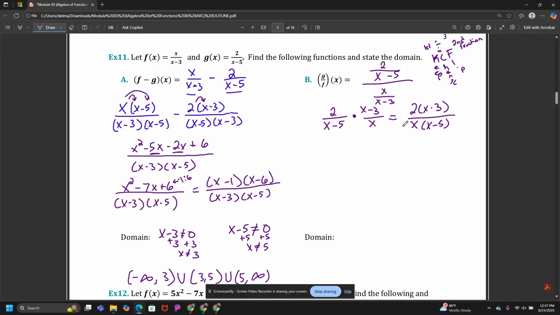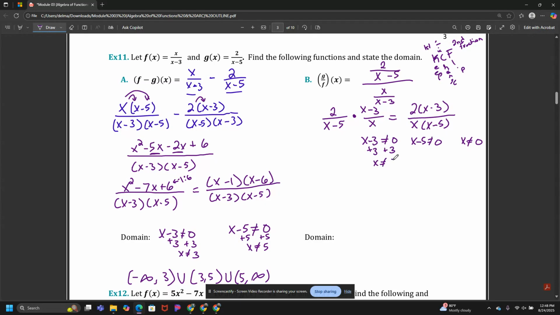So now we've got to figure out what's going to make 0. So x minus 3 cannot equal 0. X minus 5 cannot equal 0. And x cannot equal 0. Okay, so we've got 3 conditions.